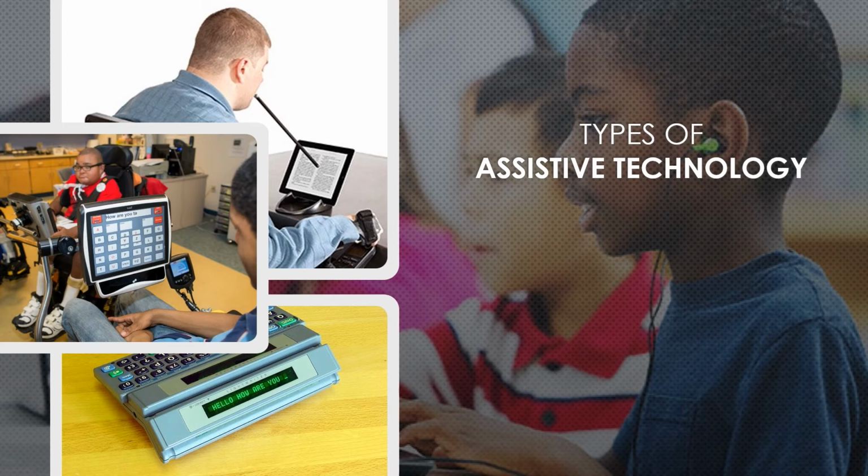These technologies help build self-confidence and serve as key tools for enabling students to access education, actively and independently participate in the educational process, interact with their peers, and have control over their own learning experiences.